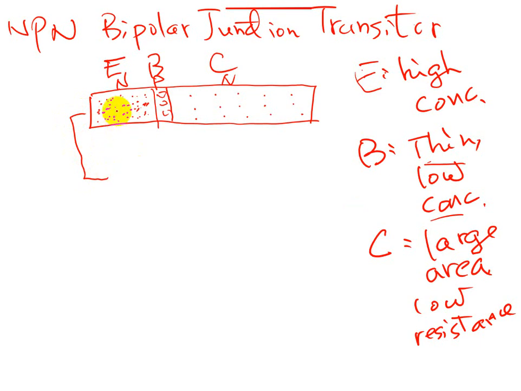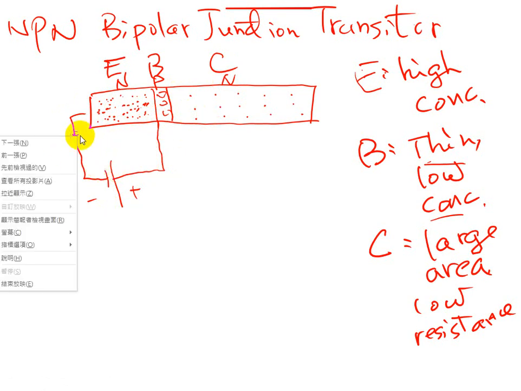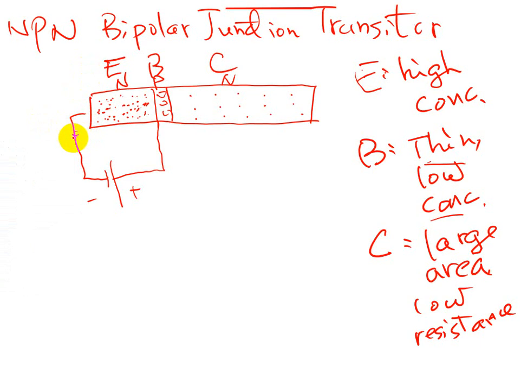For forward bias, N is connected to the negative, P connected to the positive, and this is forward bias. We have a switch here. We could switch on and off.